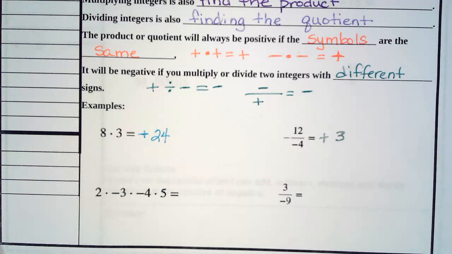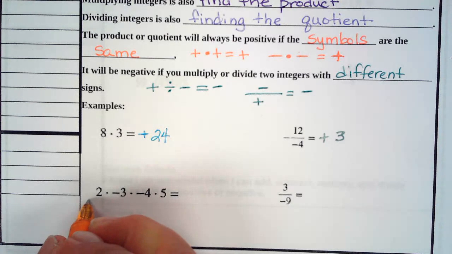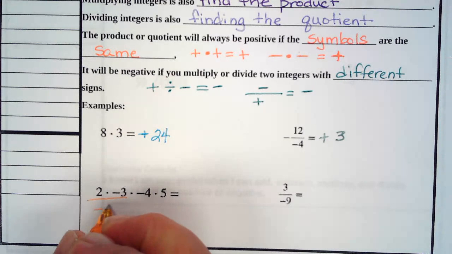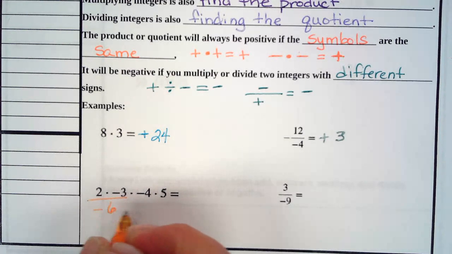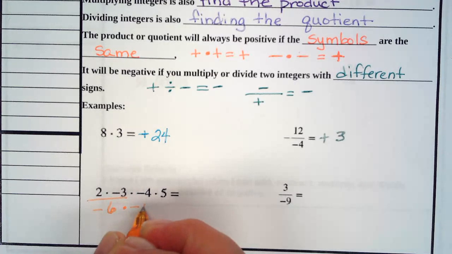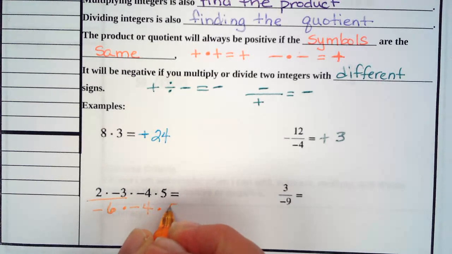Order of operations says I do what first? I'm going to multiply. 2 times negative 3 is negative 6 times negative 4 times 5.